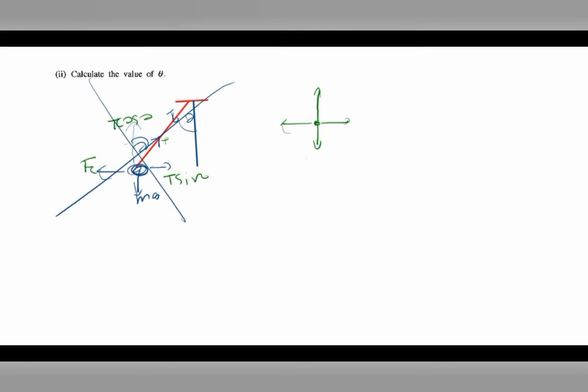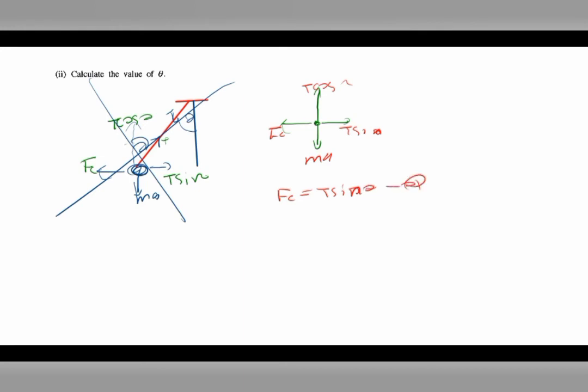This is the mg, and this is the cos theta, and this is T sin theta, and this is Fc. So I can write this one now. Fc is equal to T sin theta, number one.